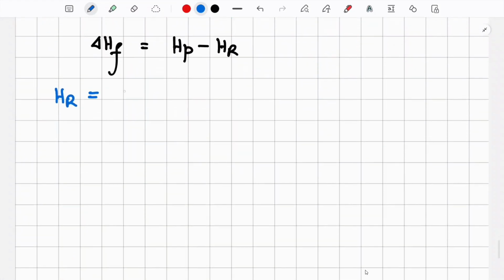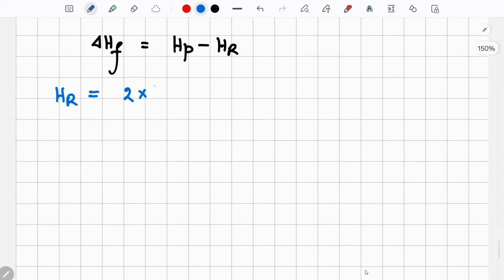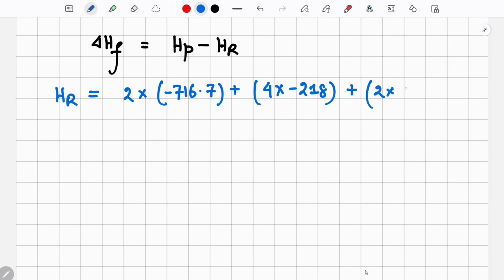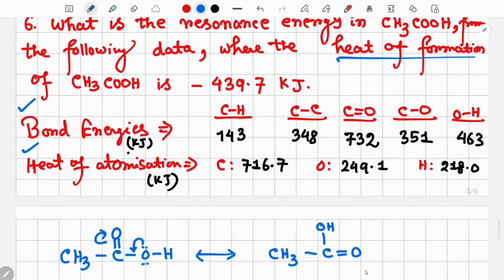It will be 2 times minus 716.7 plus 4 times 218 plus 2 times 249.1. Just check whether it is correct or not.